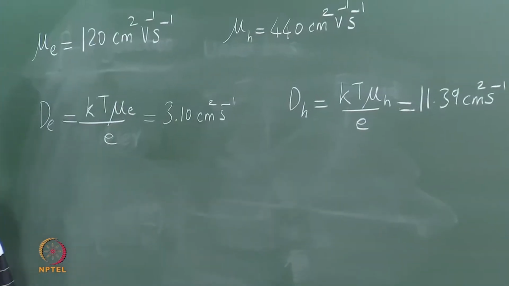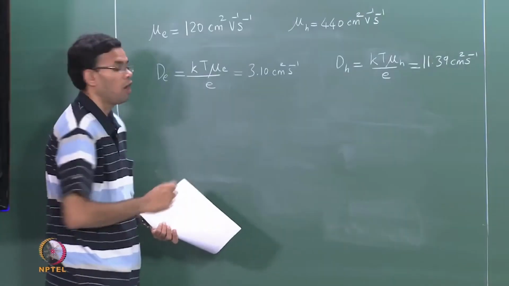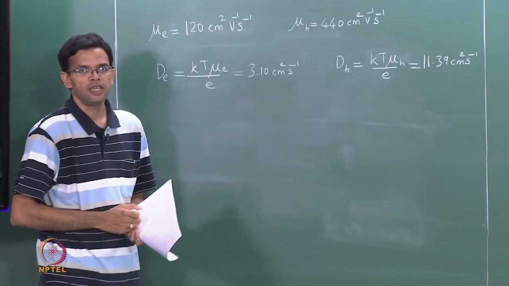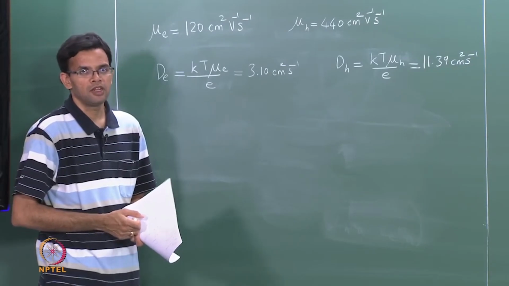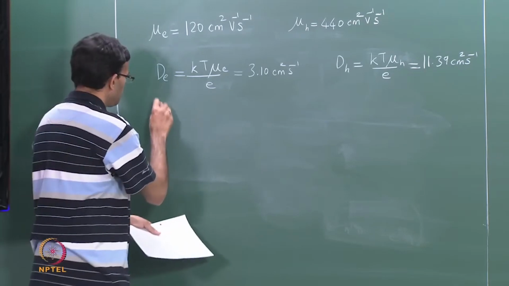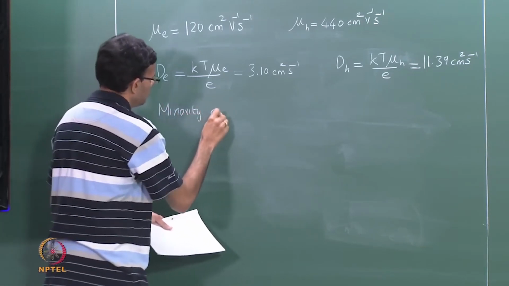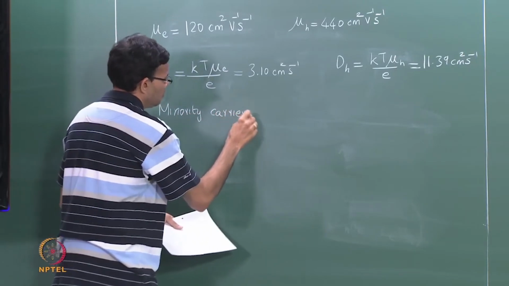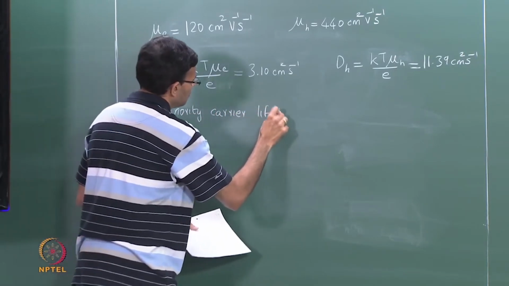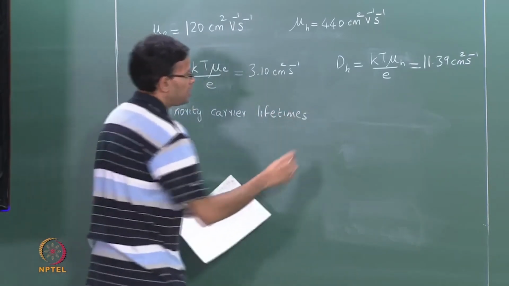Now, if we want to find the diffusion length, we should also know how far or how long these minority carriers can travel before they recombine. So we need to know the carrier lifetimes. So let me take the values.